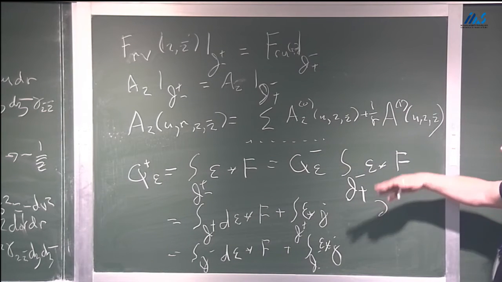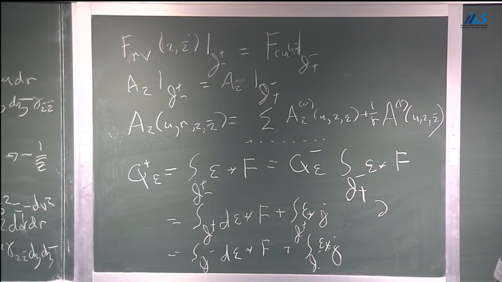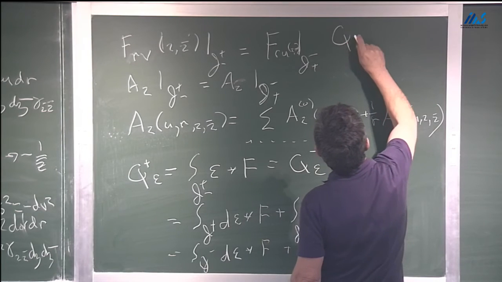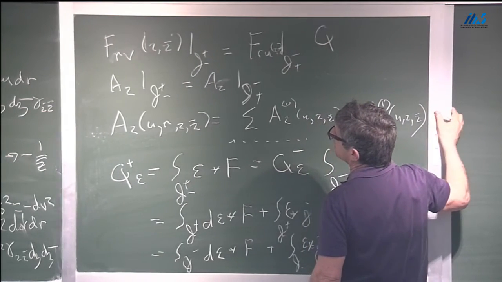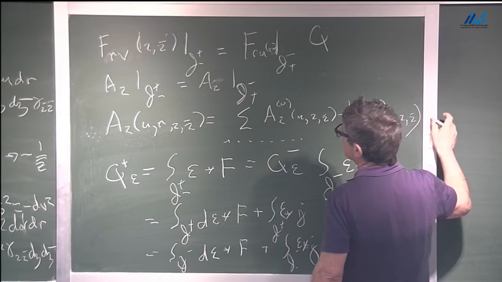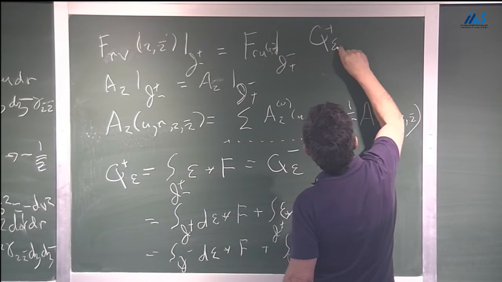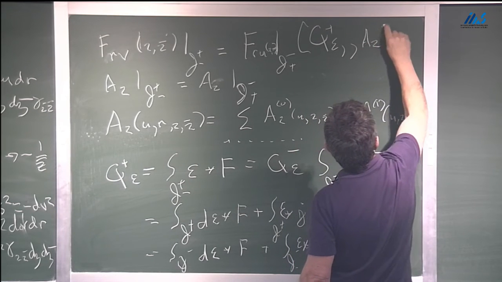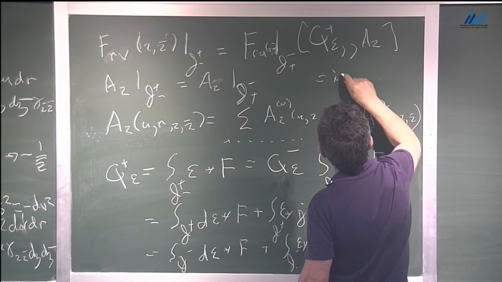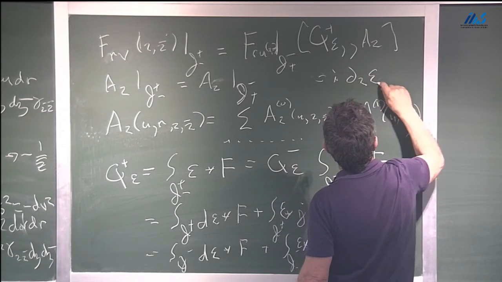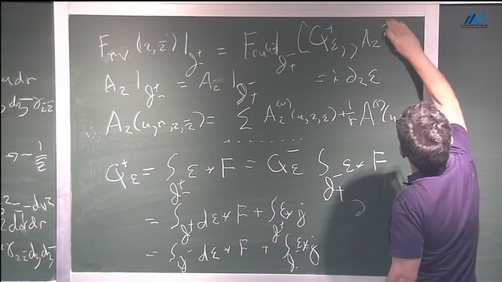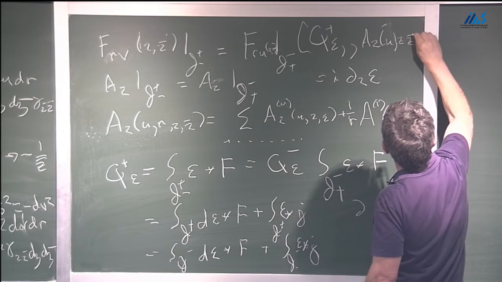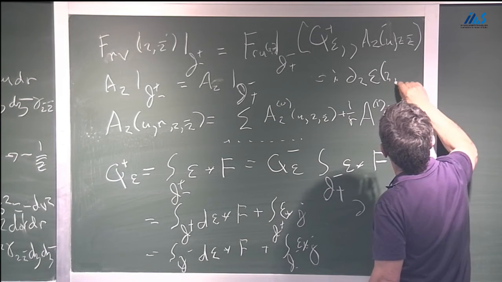And indeed, you can do a canonical quantization of this theory, and you can show that the symmetries which this generates are, q plus epsilon acting on AZ up on scri plus is just equal to i dz epsilon. So AZ depends on u, z, z bar, this is the leading component, and epsilon depends only on z and z bar.